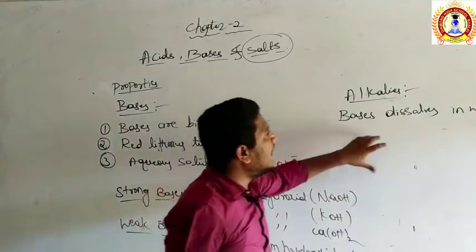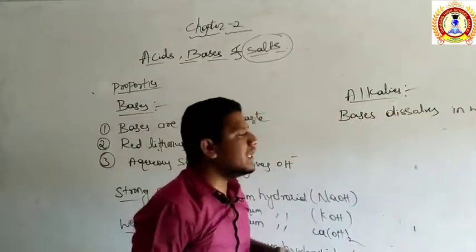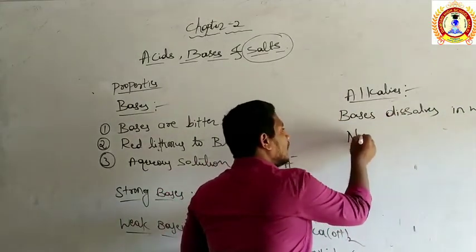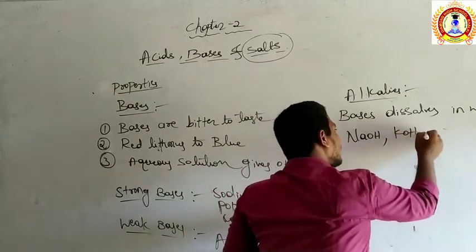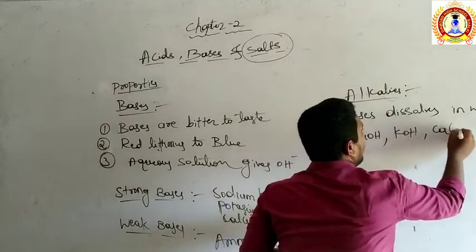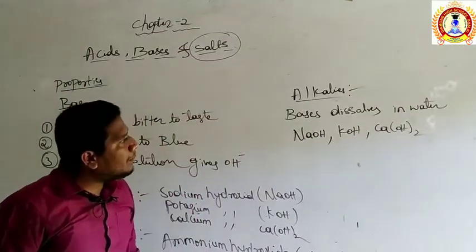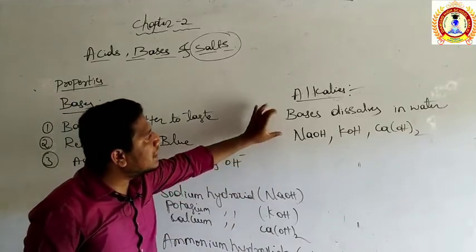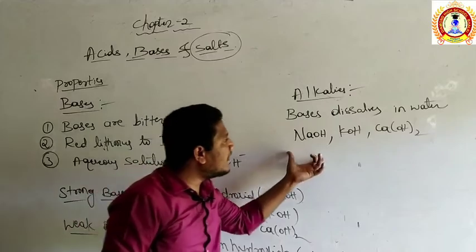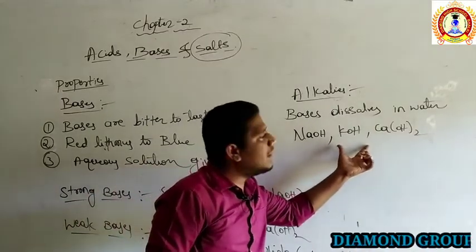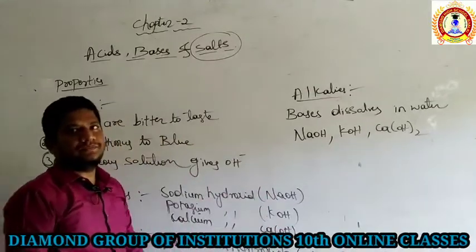If any base dissolves in water, that base is known as an alkali. Example, sodium hydroxide, potassium hydroxide and calcium hydroxide, they all will dissolve in the water. As a result, these bases are called alkalis. Means sodium hydroxide is an alkali, potassium hydroxide is also an alkali, and calcium hydroxide is also an alkali.